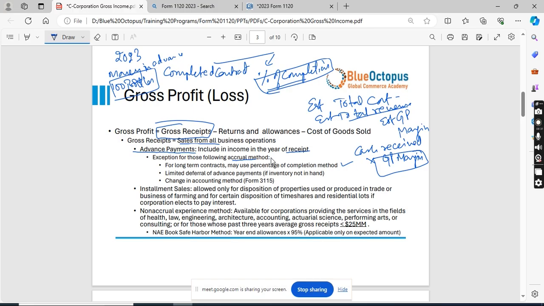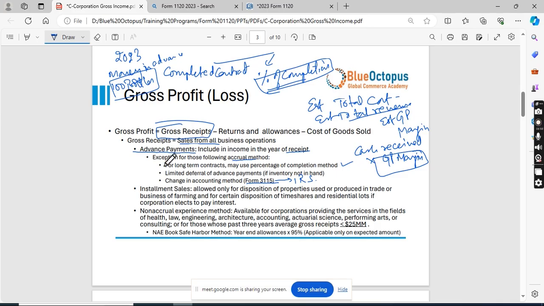You may take it in the next year if there is a change from accrual to cash or cash to accrual accordingly. But for that you have to file form 3115 for changing the accounting method, because it will be filed with IRS, in which IRS will give you the consent approval that okay, you can change the method accordingly.